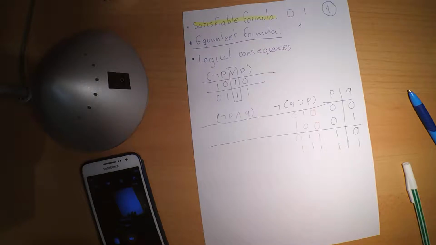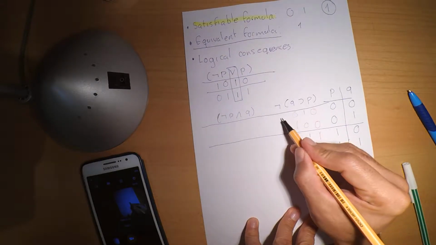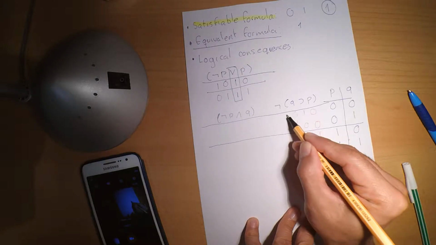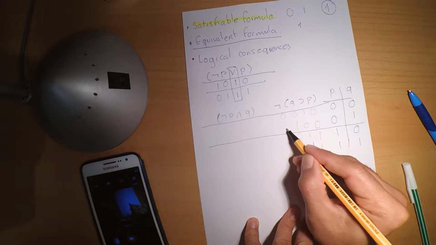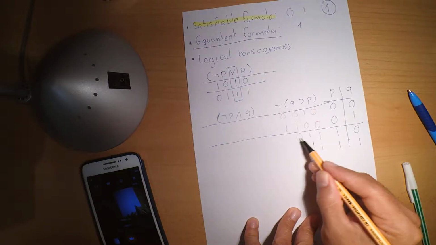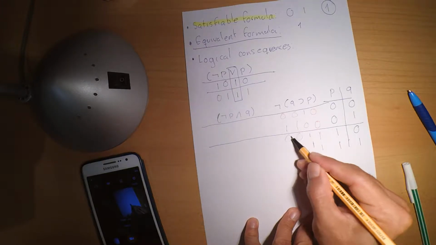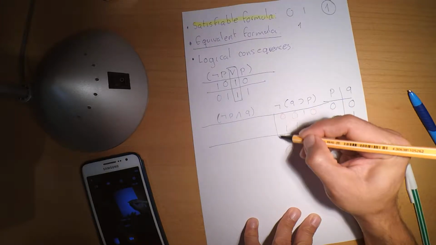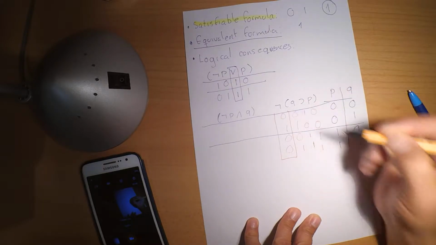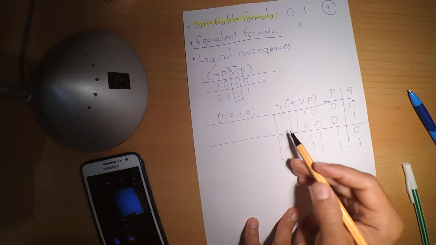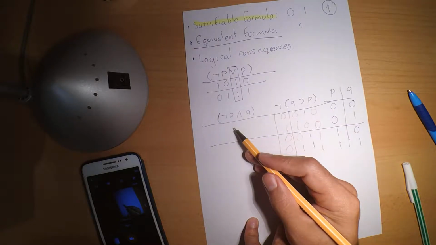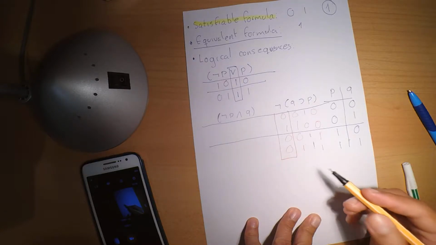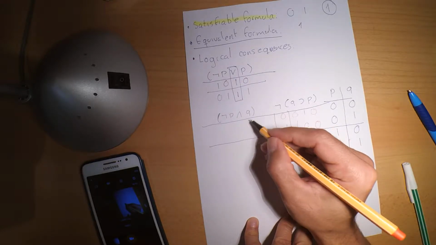I'm going to put it here in color, and the negation of this is 0, the negation of 0 is 1, the negation of 1 is 0, and the negation of 1 is 0. This is our final result, and the way that we are going to compare with this formula is to check if they are equivalent formulae.